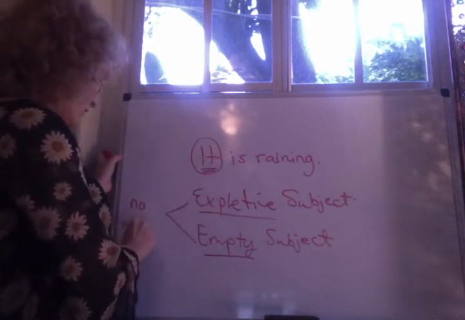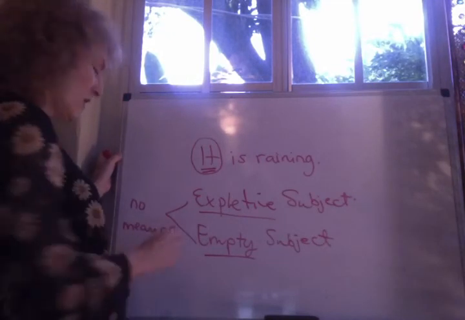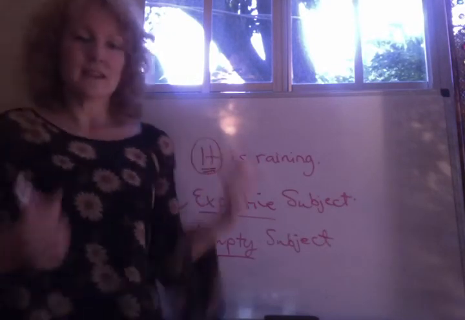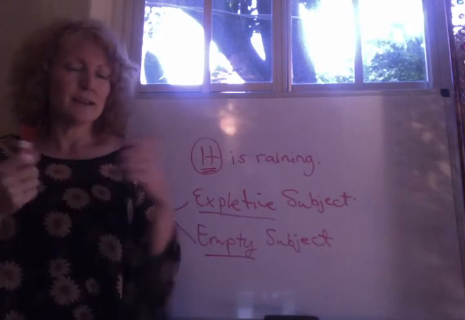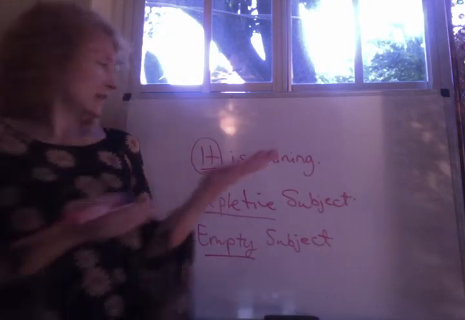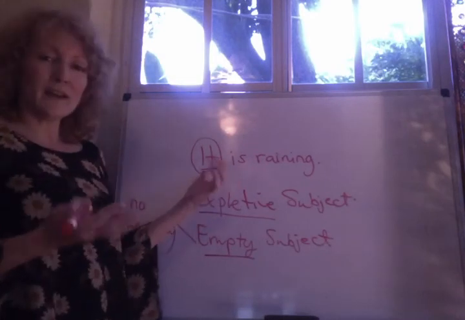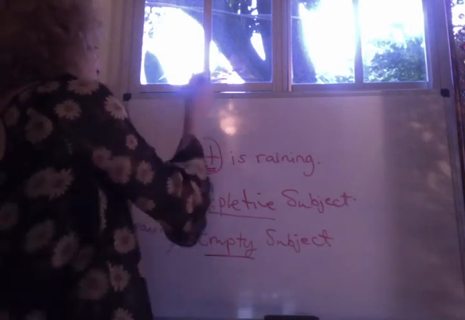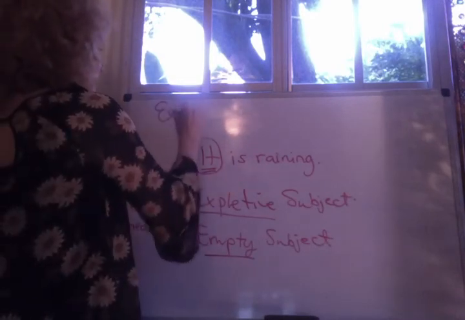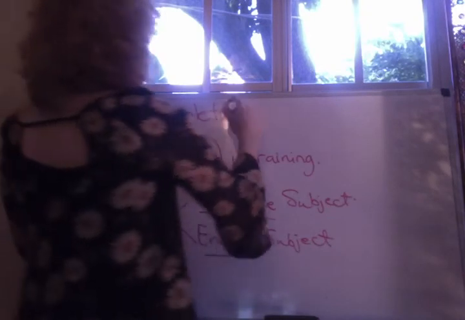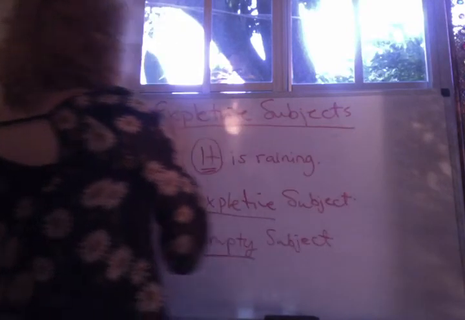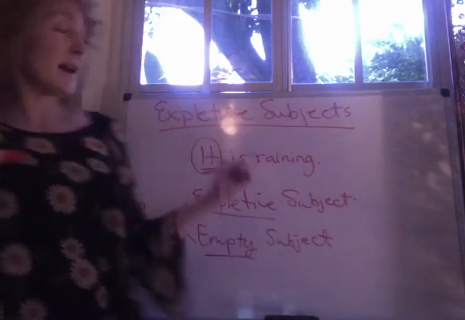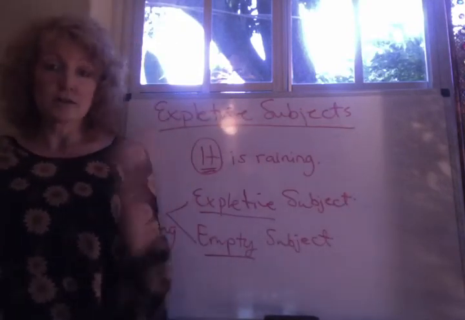Well, you might wonder to yourself, okay, if we have this expletive it in the subject position, and it doesn't mean anything, what is it doing there? Why do we have it there? The reason is that in English, we have a rule that says that every sentence has to have an overt subject.